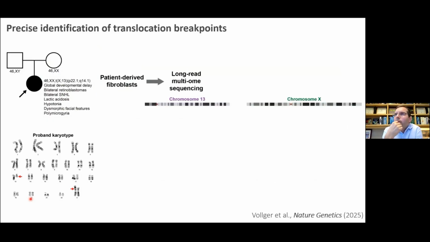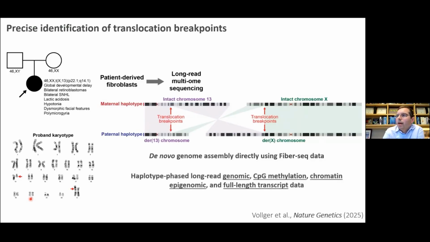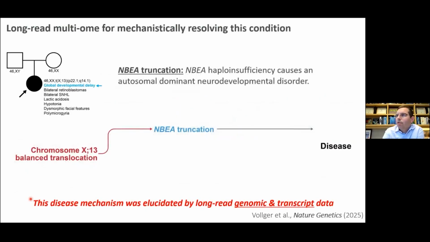So we took fibroblasts from this individual and performed long-read multiome sequencing on them. And with this, just using the genomic data alone, we were able to precisely resolve the exact breakpoints of this translocation and demonstrate that these, along with the CpG methylation, the chromatin epigenomic data and full-length transcript data, as I'll show in the next couple of slides, ended up causing a quite complex phenotype at the molecular and mechanistic levels.